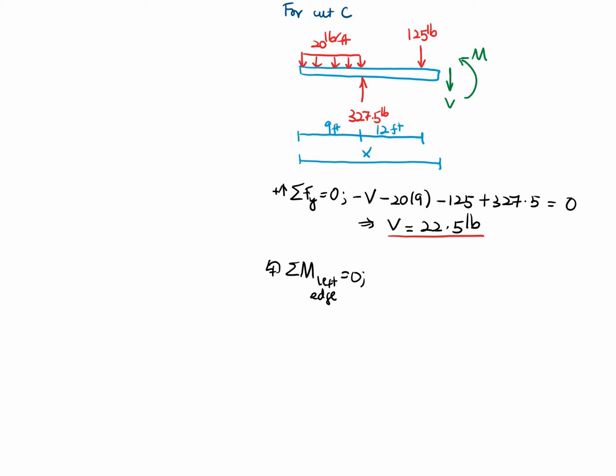I have my M minus, we have 20 pounds per foot times 9 times 9 over 2 plus 327.5 times 9 minus 125 times 9 plus 12, which is 21, minus V times x, which we know V in this case is 22.5, and that's all equal to 0.